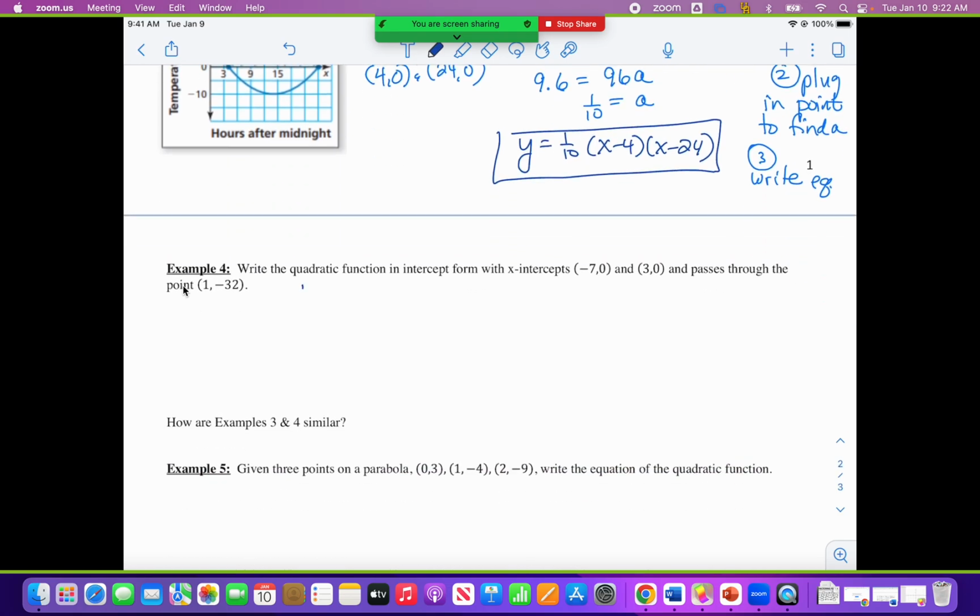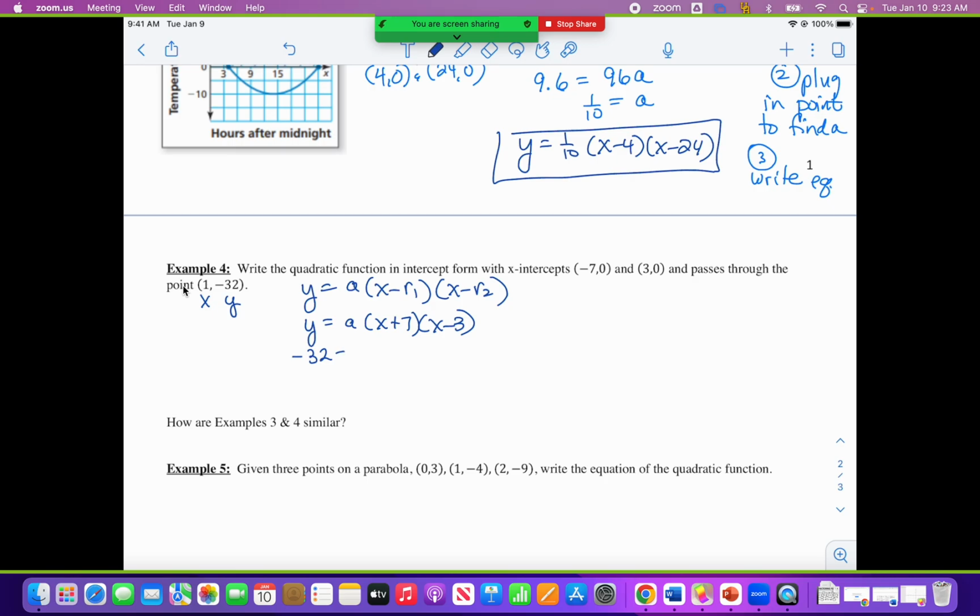So step 1. Now, make sure you're writing your formula, okay? Because it's helping you memorize them, okay? So help yourself. So this is going to be y equals a times x plus 7 times x minus 3. Then use the point 1, -32.